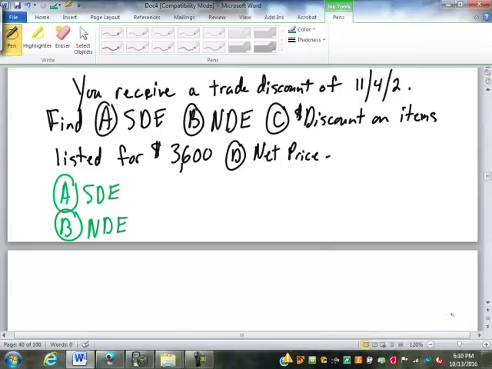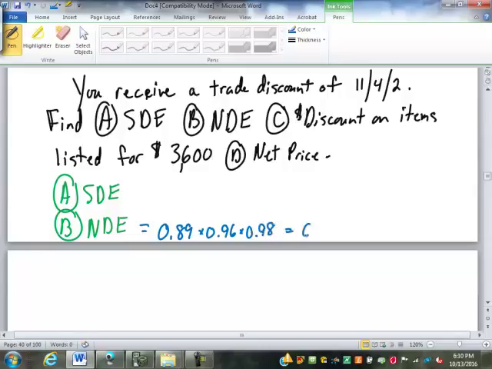Okay, so as to avoid confusing myself, I'm going to put these in the right order this time. But we are going to have to find B first, the net decimal equivalent. And how do I find it? 0.89 is first, times 0.96 times 0.98.